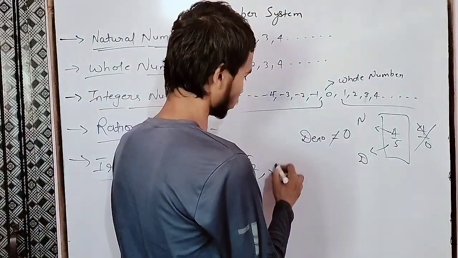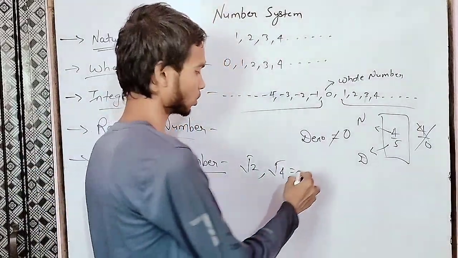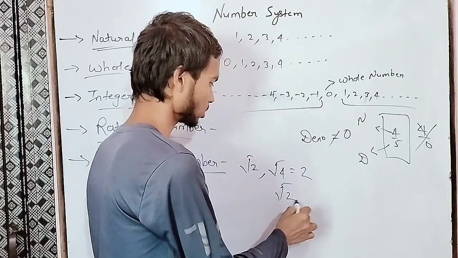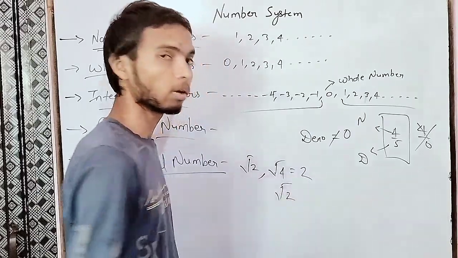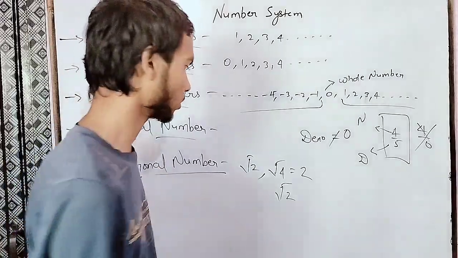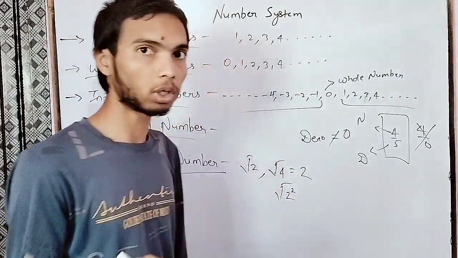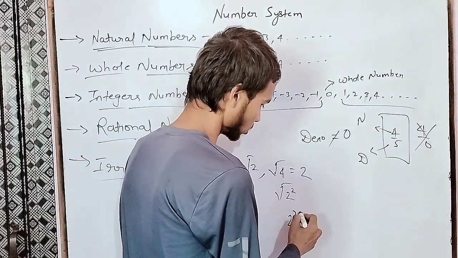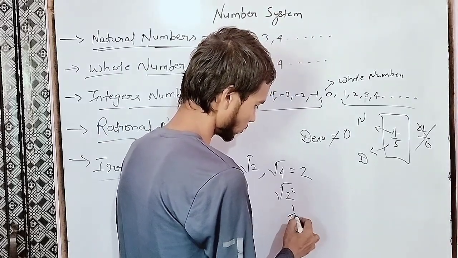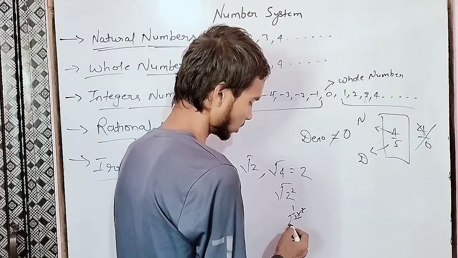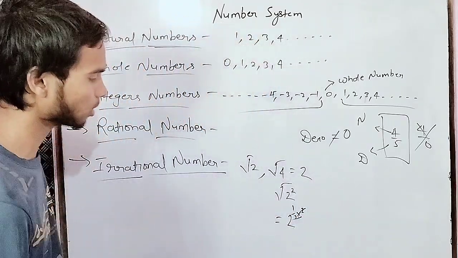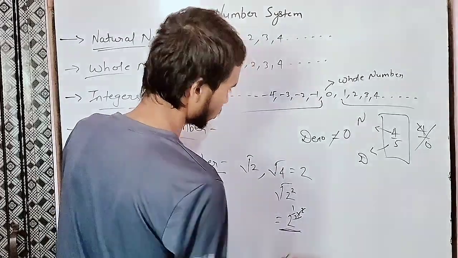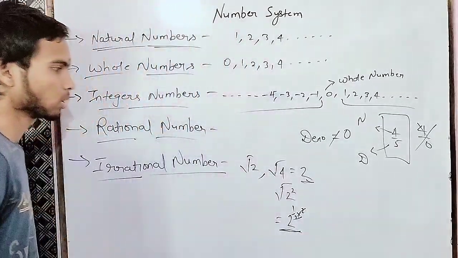For example, root 4 will become 2. The value of root 4 is 2, which can be written as 2 by 1.